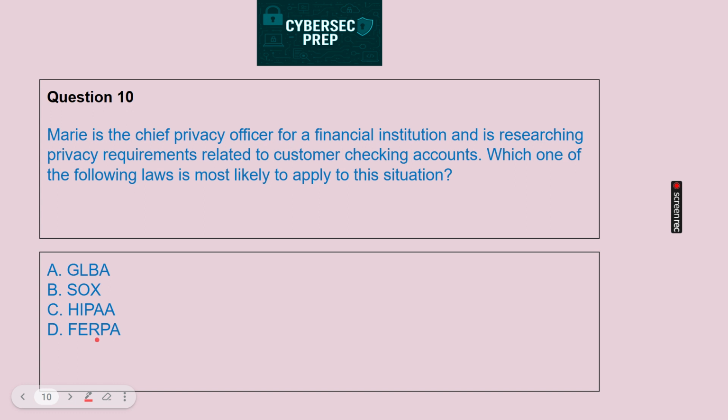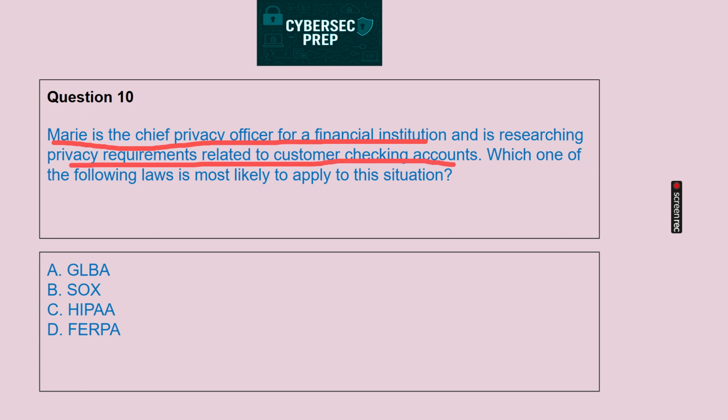Now let's look at the options. GLBA. What is GLBA? GLBA contains provisions related to regulating the privacy of customer financial information. Here in the question we are talking about the financial institution and also privacy requirements related to customer checking accounts.